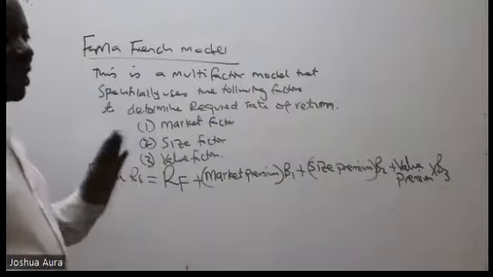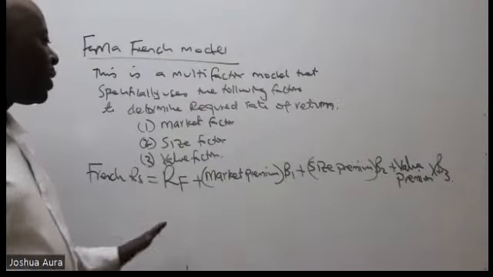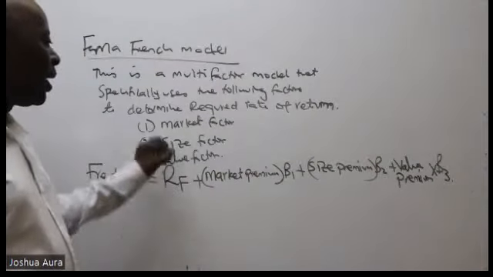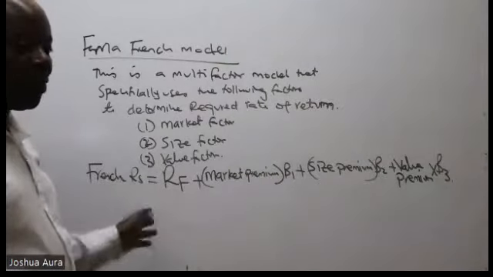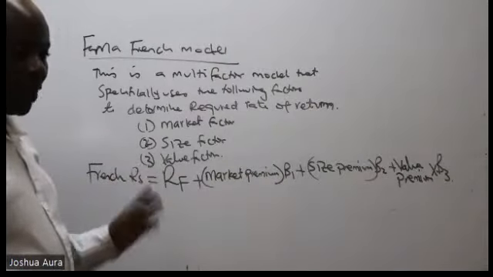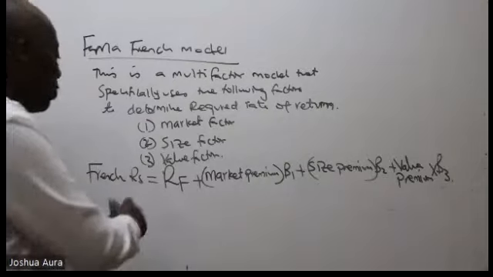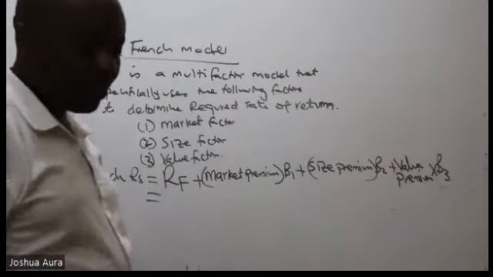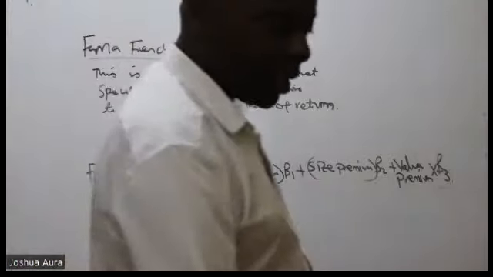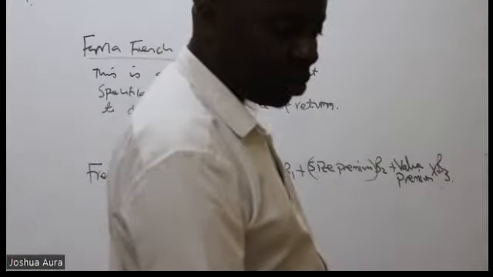So required returns of a security will always be defined by 3 factors: the market factor, the size factor, and the value factor. Could you kindly go ahead and give us these parameters? What do we have?